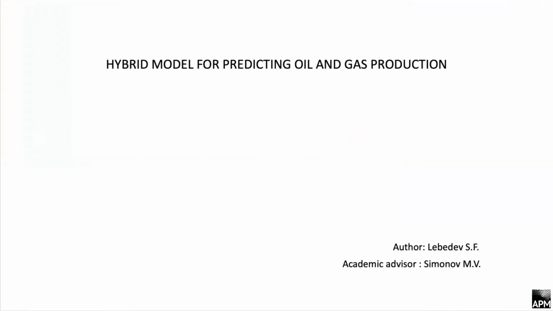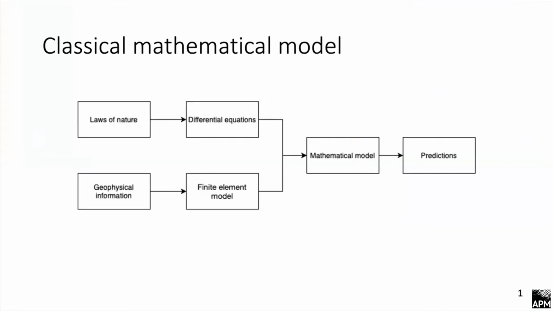Perfect. Okay. Hello, colleagues. I am Stanislav Lebedev, and I would like to tell you about our hybrid model. First of all, the underlying problem of finding the flow rates is currently being solved by a method based on numerical differentiation of math physics equations.